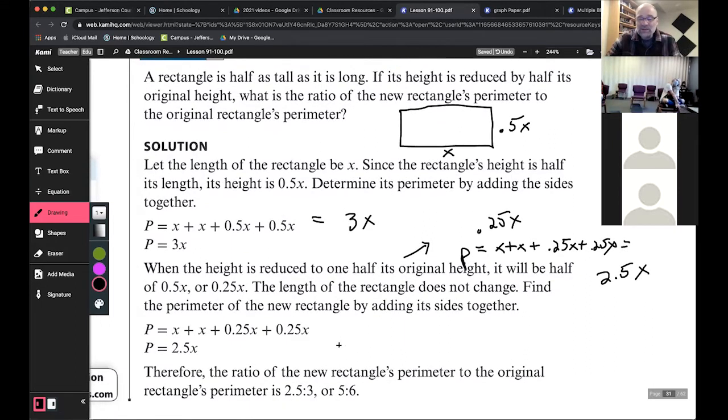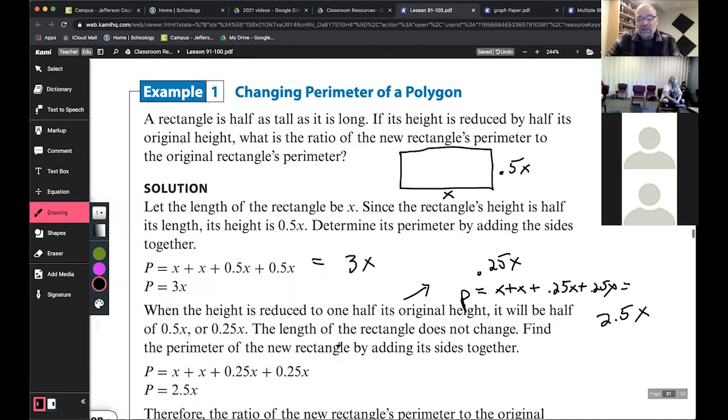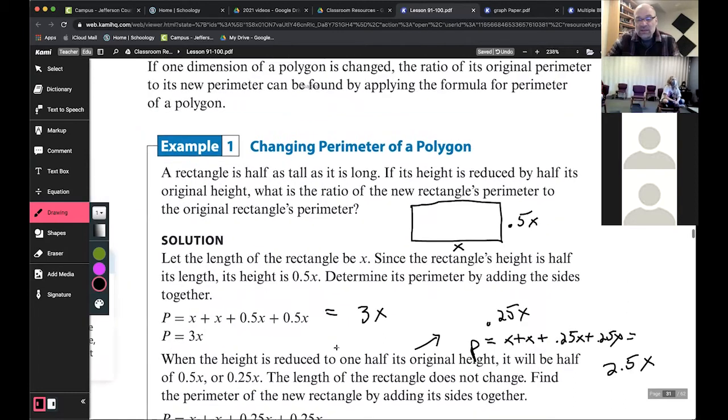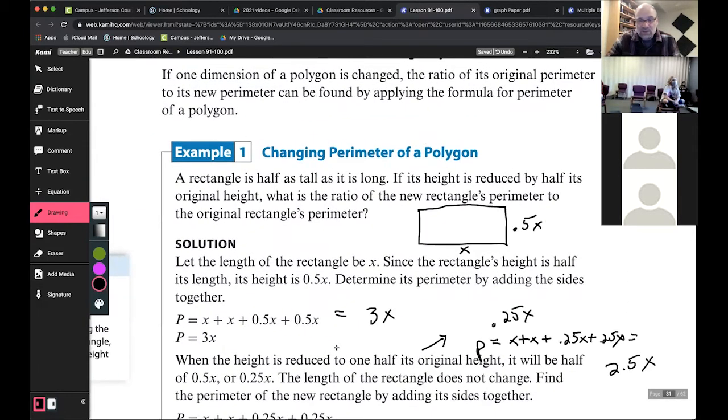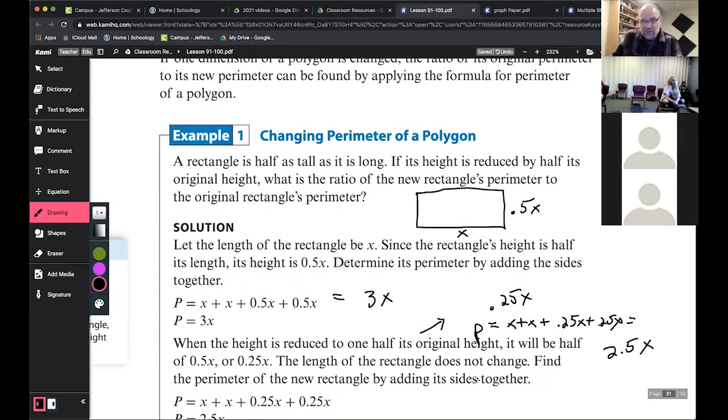Now they want to compare the original perimeter to the new perimeter. So how does 3 compare to 2.5, sorry? Well, 2.5 is kind of a dumb ratio, so let's just double it. So now we get 6 to 5. So it's a 6 to 5 ratio.